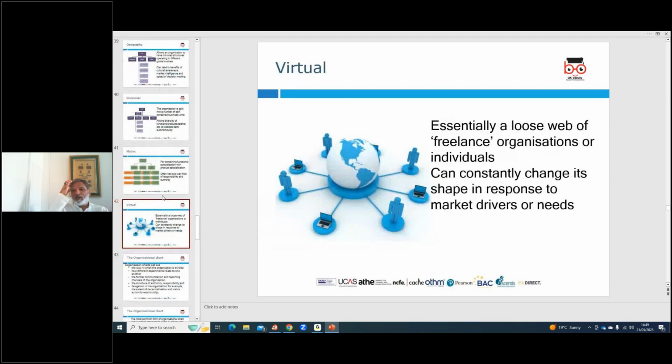Okay, and then there's virtual structure, okay, whereby the things are controlled and looked after online.